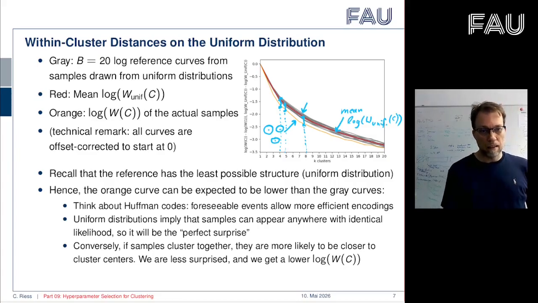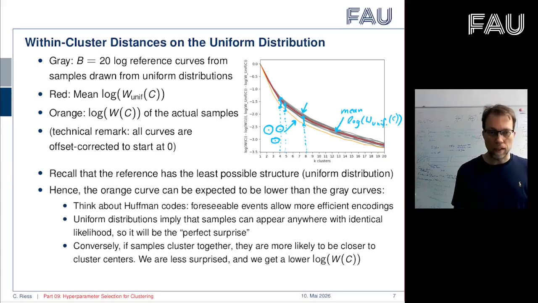Okay, let's briefly read through this. The orange curve, so recall that the reference curve has the least possible structure. It's a uniform distribution. Hence, the orange curve can be expected to be lower than the gray curves. Think about Huffman codes. Foreseeable events allow more efficient encodings. It's one way to look at it. Uniform distributions imply that samples can appear anywhere with identical likelihood.